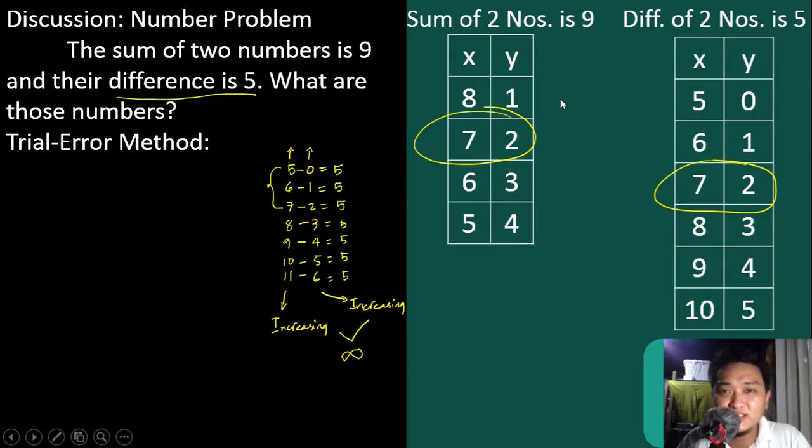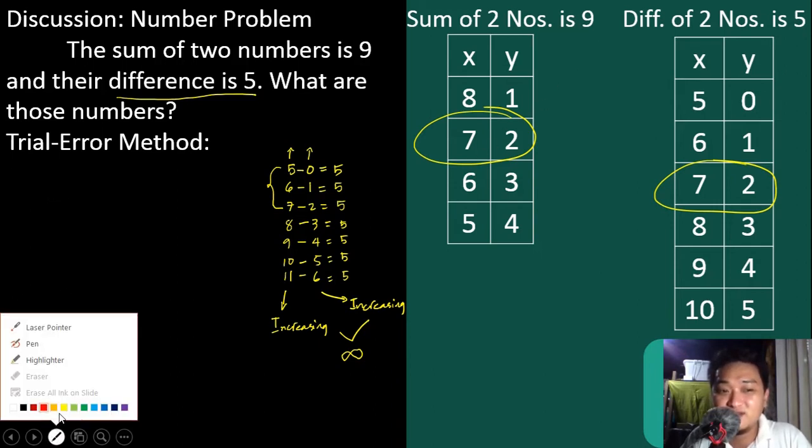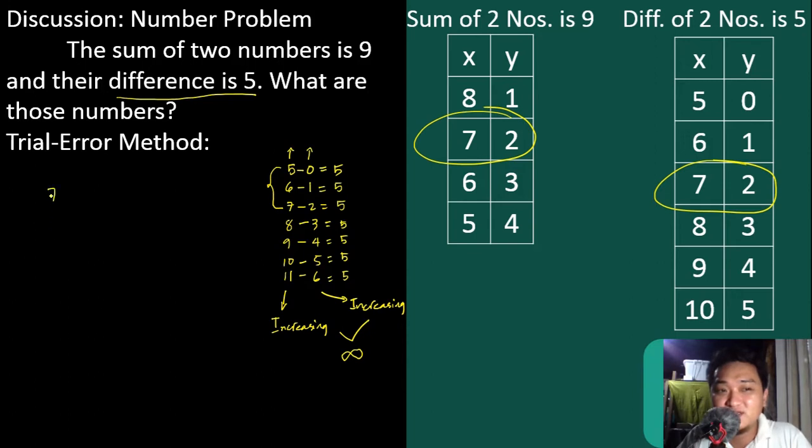So, sa madaling salita, yung 7, 2, it solves the first situation, which is the sum of two numbers is 9. Why? Kasi 7 plus 2 is equivalent to 9. And 7, 2 also solves the second situation, wherein their difference is 5.